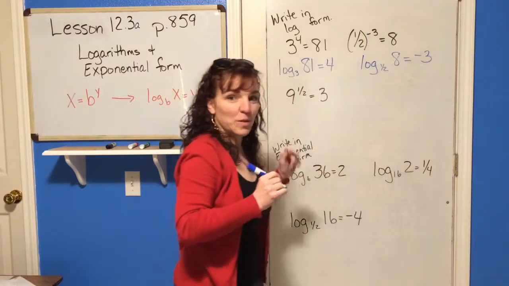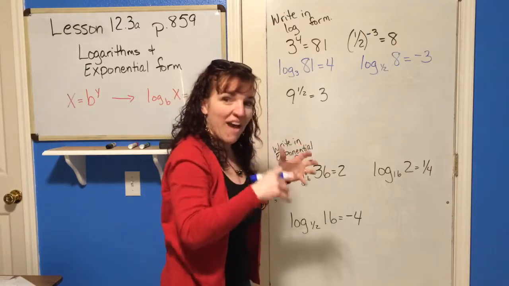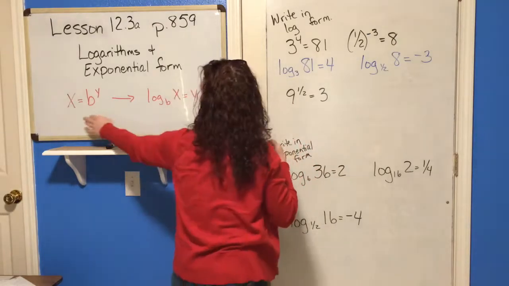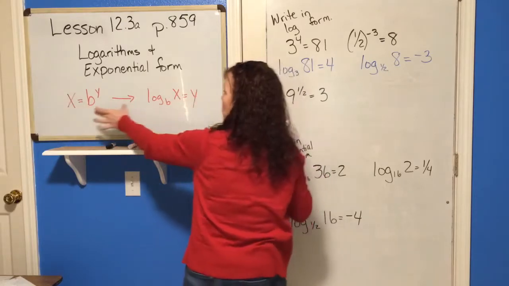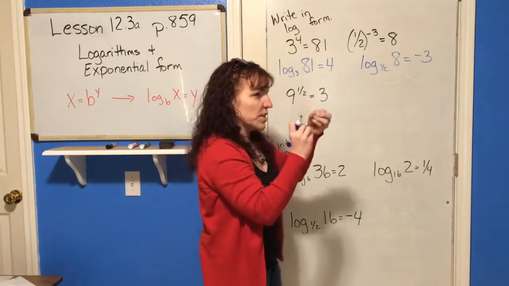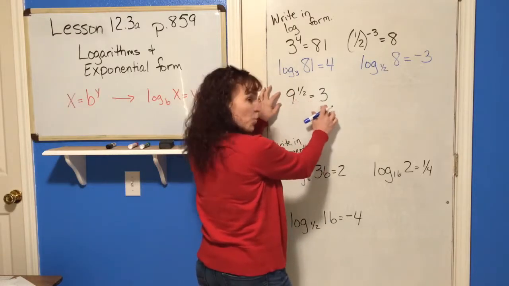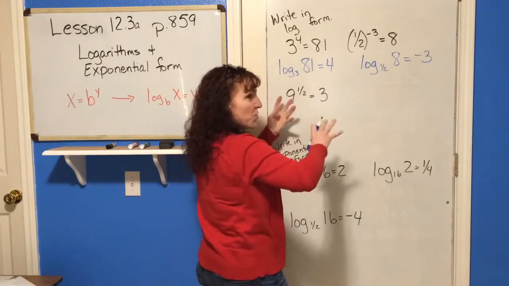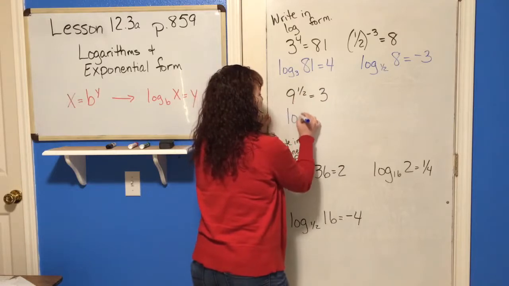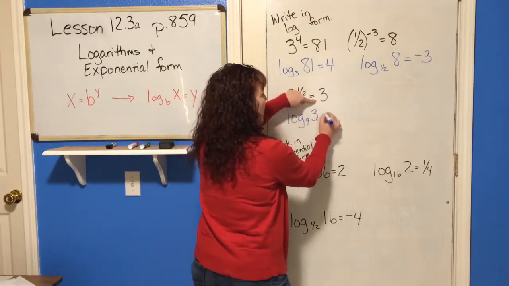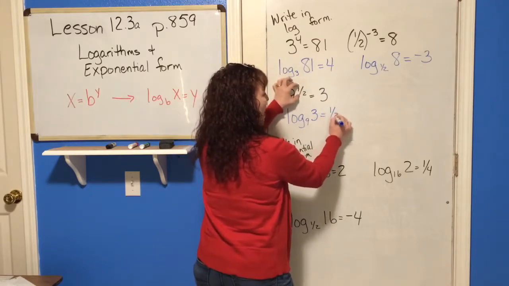We'll do one more, and then make sure you have these in your notes and go through them, so that you can see where the parts come from. 9 to the half power equals 3. You can undo that by saying log base 9 of 3 equals the exponent of 1/2.